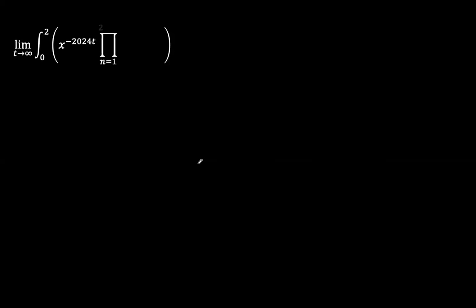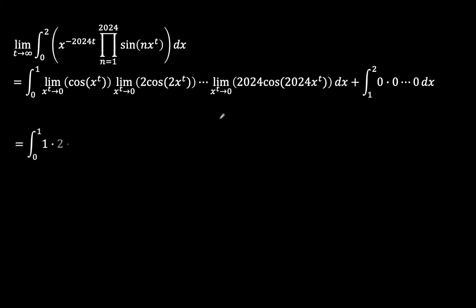Our integral here degenerates into this. So we've used L'Hopital's rule, and we took the first derivative with respect to x to the power t of the numerator and denominator. And now we see that the denominator disappears because it's just 1. And so we are left with cosine of x to the power t, with x to the power t tending to 0, times 2 cosine of 2x to the power t, with x to the power t tending to 0.